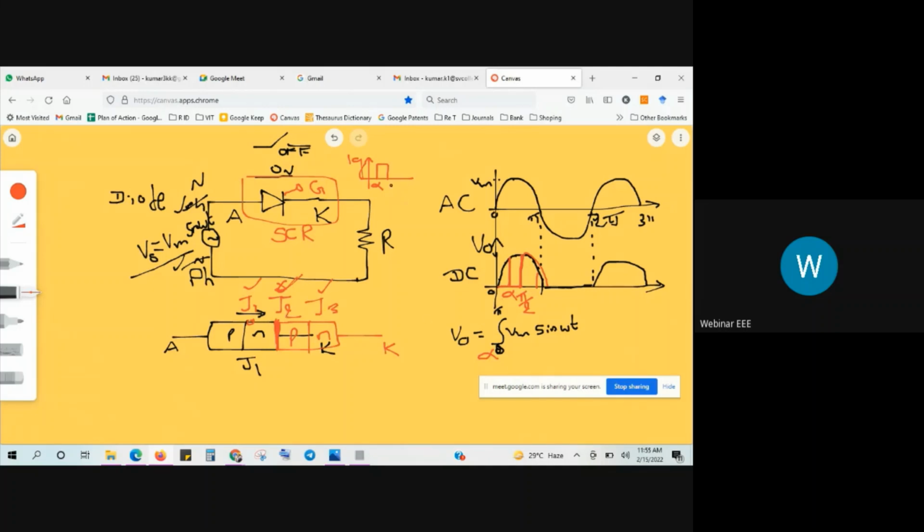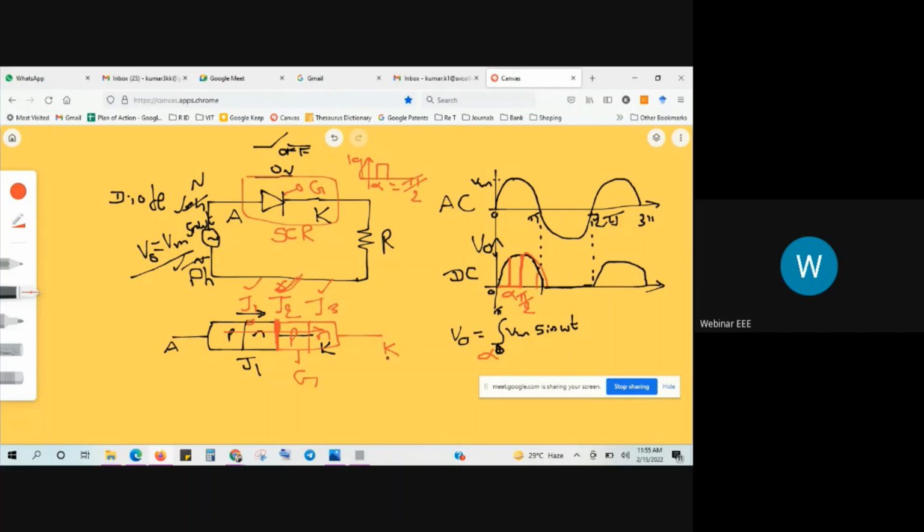Whenever I give the triggering pulse at alpha equal to pi by 2, it makes junction J2 forward biased, which allows the current to flow from N type to P type, that is anode to cathode. So here we have the gate terminal. Correspondingly, if alpha values vary, we get the variable output voltage.